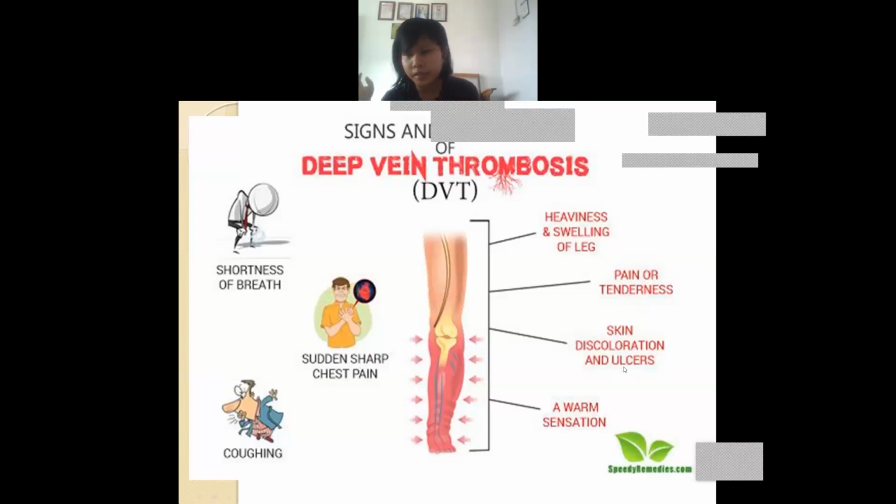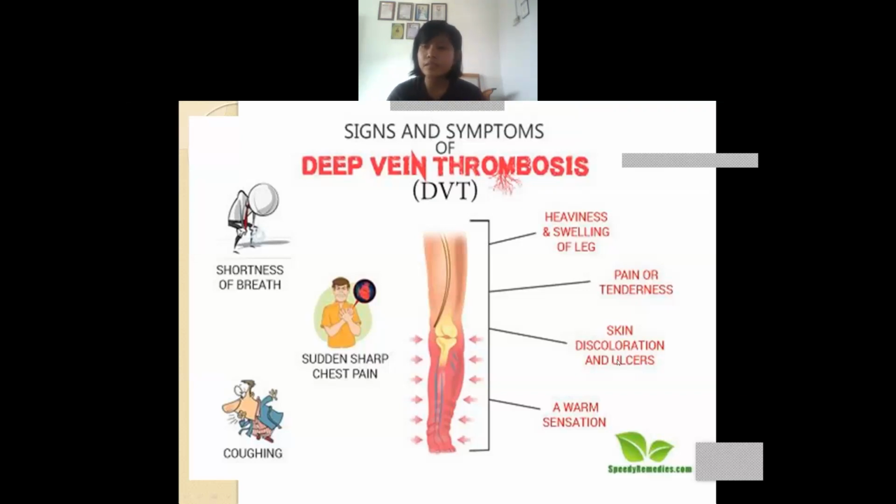Okay. So next is skin discoloration and ulcers. What will happen? Because of the blood clot, obviously there will be changes. It's because there is inflammation going on inside the leg. So obviously there will be changes in the skin, and ultimately it will lead to ulcer.